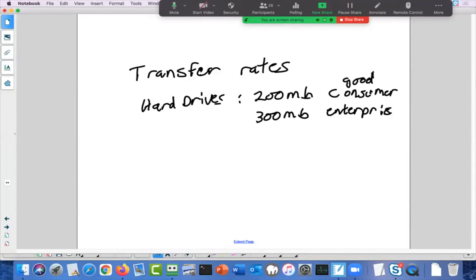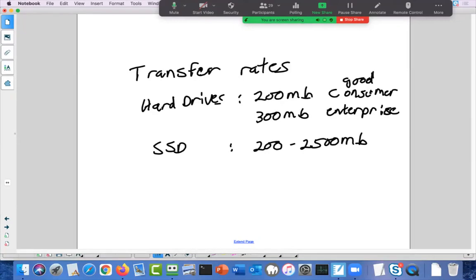For solid state, the transfer rate's much faster. They actually start at a minimum of 200 megabytes, going up to 2.5 gigabytes per second. So you can see why solid state devices are taking over. They're just a lot faster than hard drives.